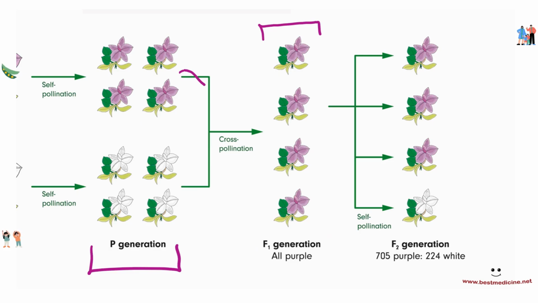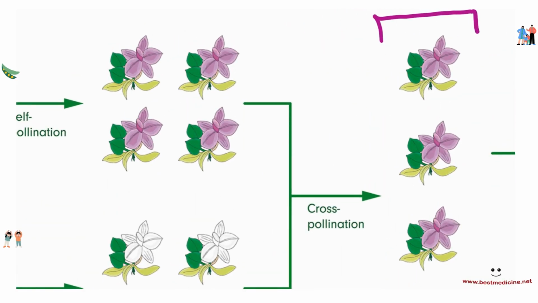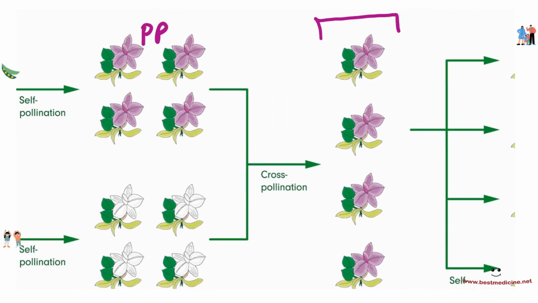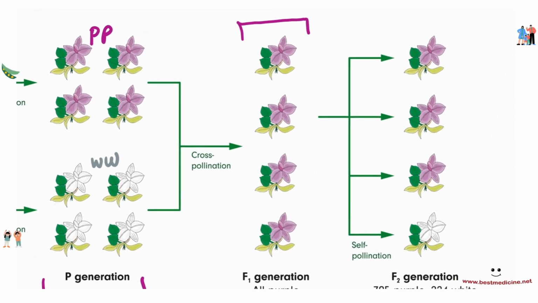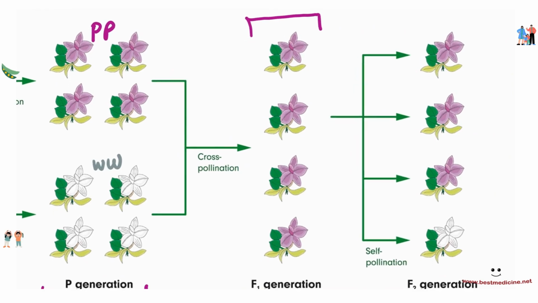Now, this can be explained by our knowledge of meiosis, chromosomes and segregation. So let's have a look at how this works. Remember, the purple flower pea plants, every single one of their cells has two purple alleles, a P and a P. And the white ones have a white allele, W and W. Before sexual reproduction, they're going to make gametes.